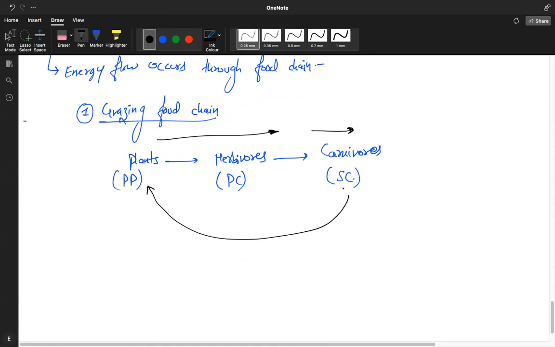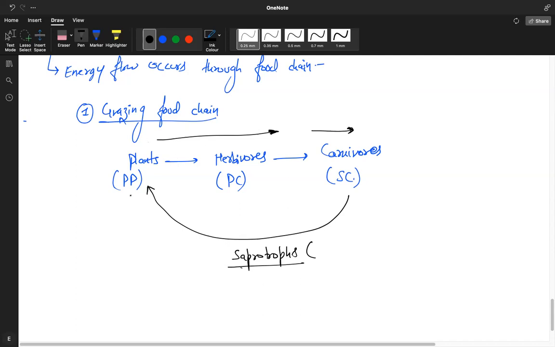And how does this happen? Because we have something known as saprotrophs. Saprotrophs are organisms that feed on dead and decaying matter and bring back things as a nutrient to plants.